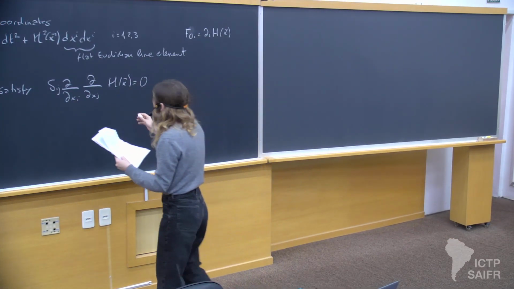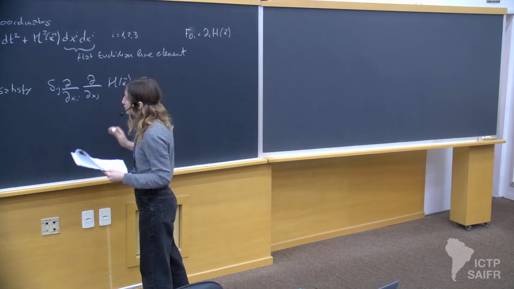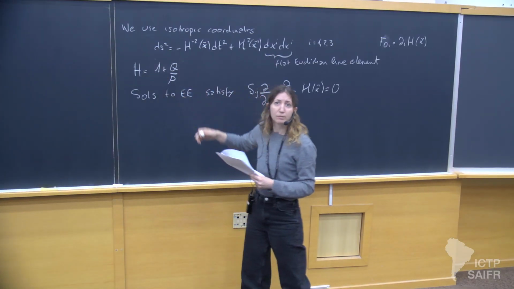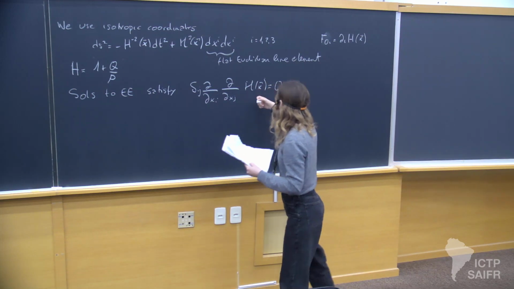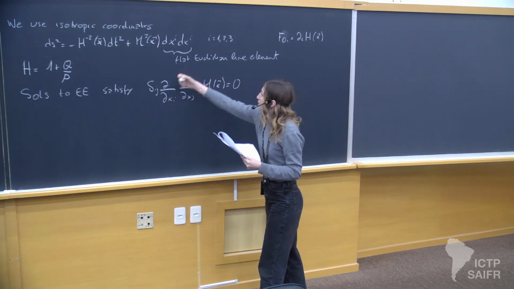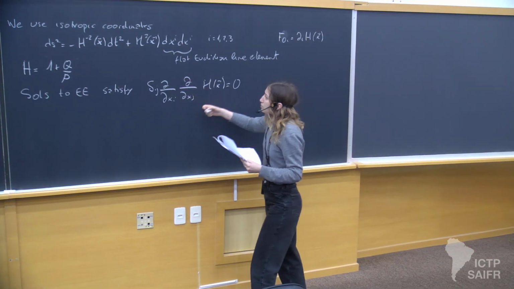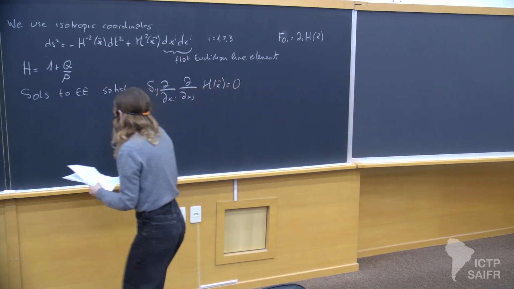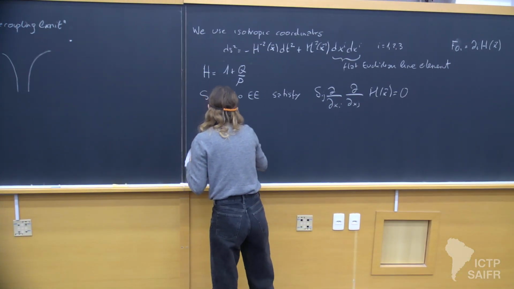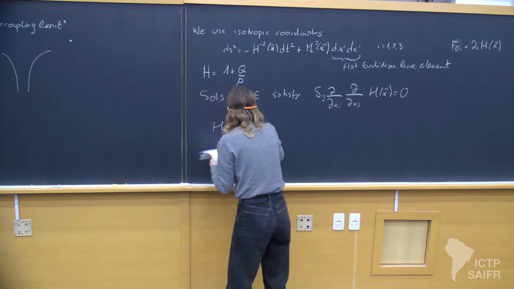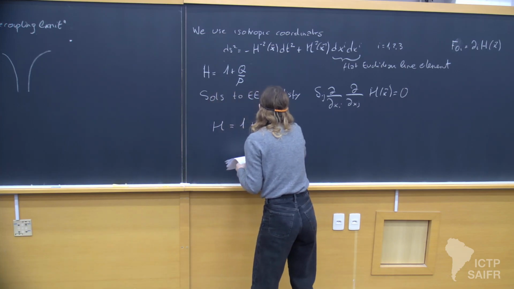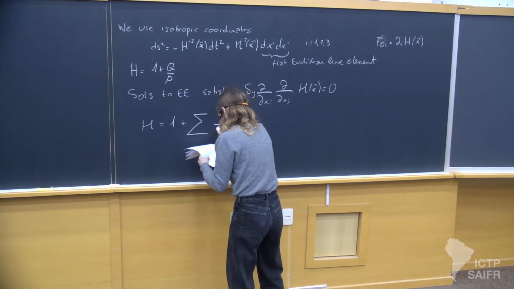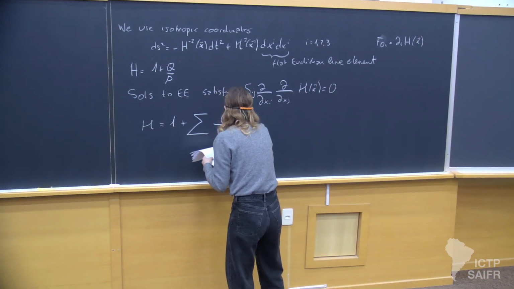So you can have an h made by just one function here, but in order to solve the equations of motion, you just have to solve this, and this has many more solutions. You can actually superimpose many centers. So a solution of the Einstein's equation is also one for which the warp factor looks like a sum over many different harmonic functions, like qi over x minus xi.